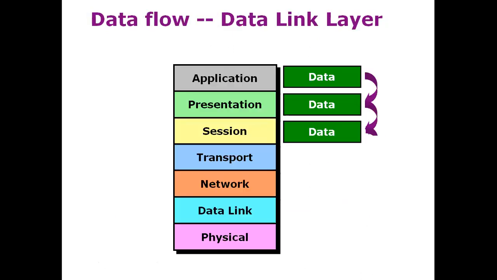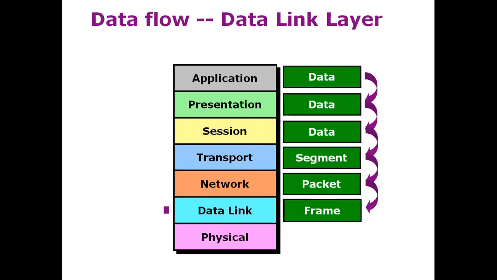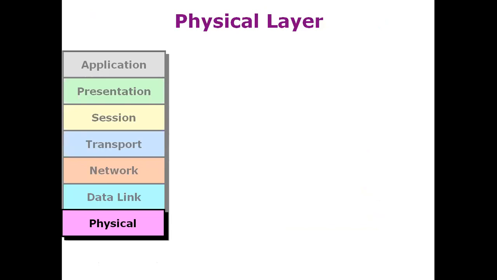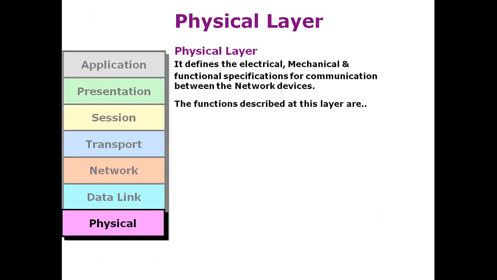The next and final layer is called physical layer. So what is physical layer? See, in physical layer, it is the process of converting the binary data, 0101, into electrical signal or light signal.